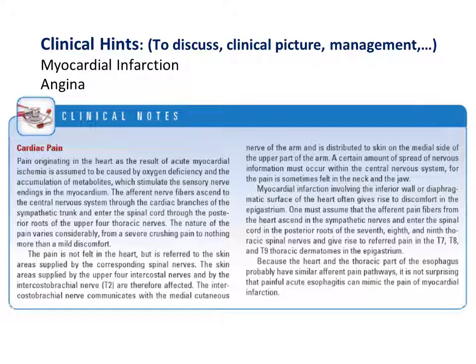No age, 30, 40, they could have it if there is disease in the coronary arteries. The patient will present with some sort of retrosternal pain, and this pain could radiate to the left shoulder, to the jaws, or sometimes even to the epigastric area.